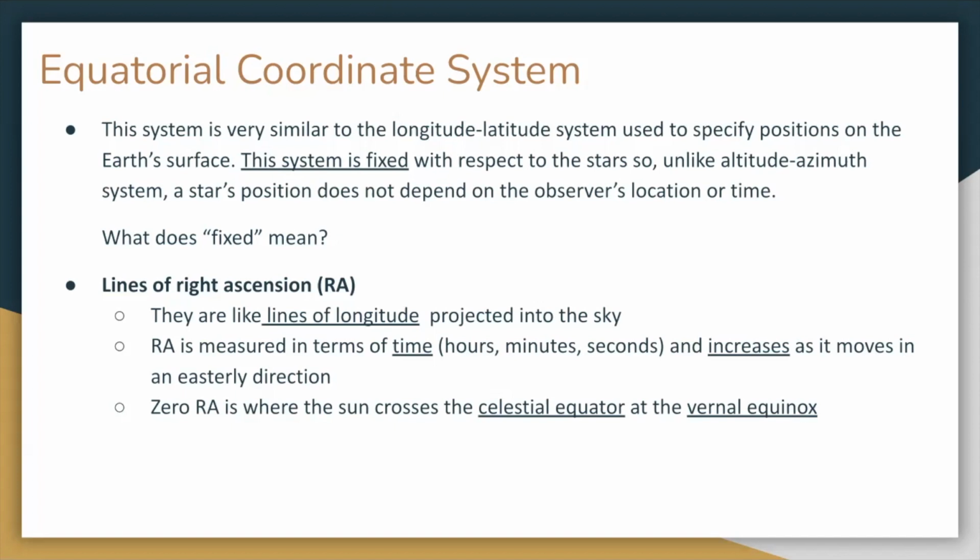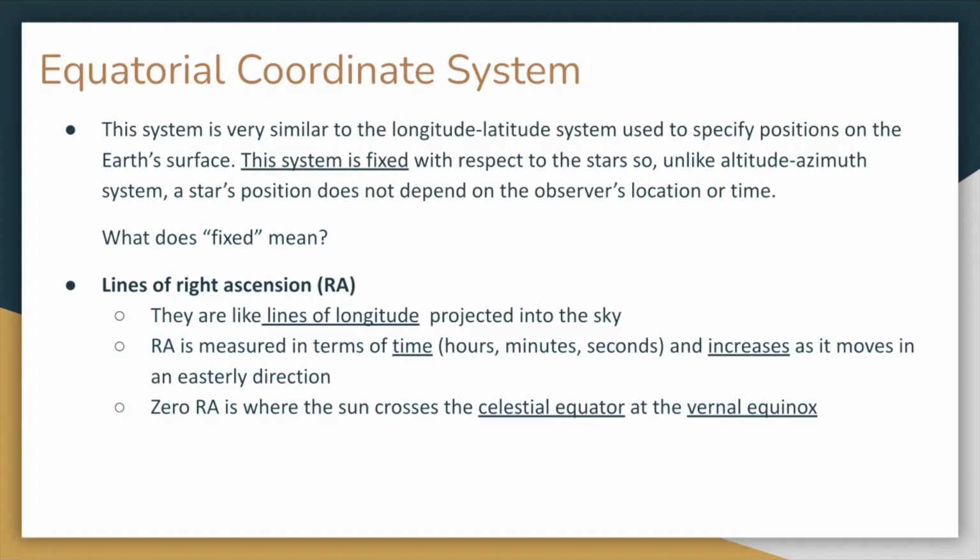And right ascension is measured in terms of time, so hours, minutes, seconds. And it increases as you move in an easterly direction. 0 RA, or zero right ascension, is defined as the point where the sun crosses the celestial equator at the vernal equinox.